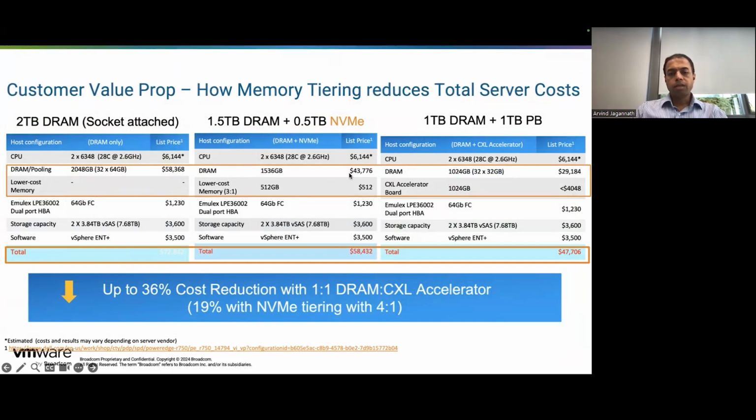Now the entire memory cost is a fraction of the total DRAM cost that's incurred for a pure DRAM system. Finally, when we look at PBerry and we allocate, for example, 1 terabyte from DRAM and 1 terabyte additional capacity from PBerry, you can see that the cost reduces even further.